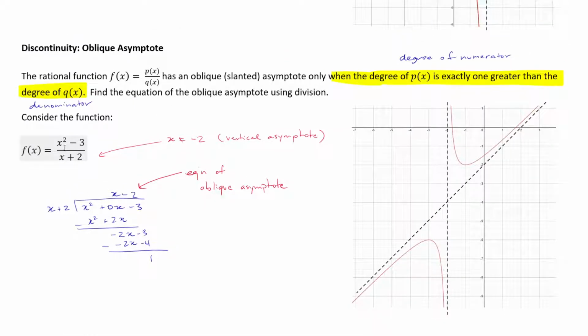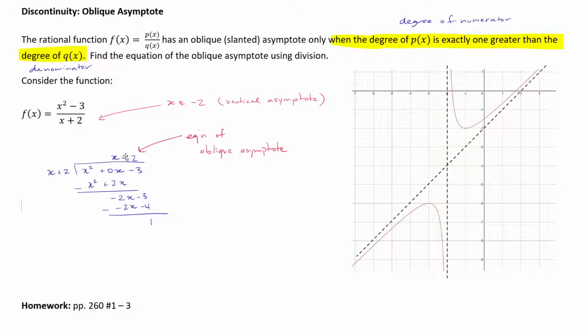Again, we see the numerator is 1 degree higher than the denominator's degree, so we have a slant asymptote. We also have a vertical asymptote at x is equal to -2. That one's easy to find. The slant asymptote, however, is achieved by dividing the numerator by the denominator using long division. So the equation of the slant asymptote is y equals x minus 2. And there we have our slant asymptote.